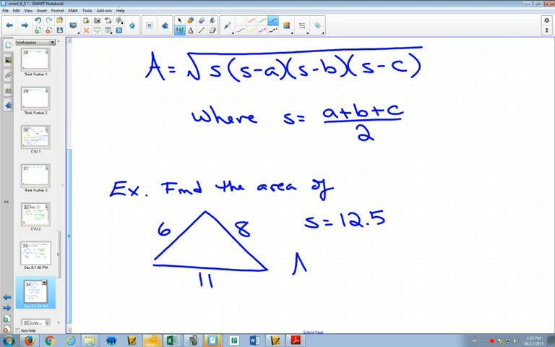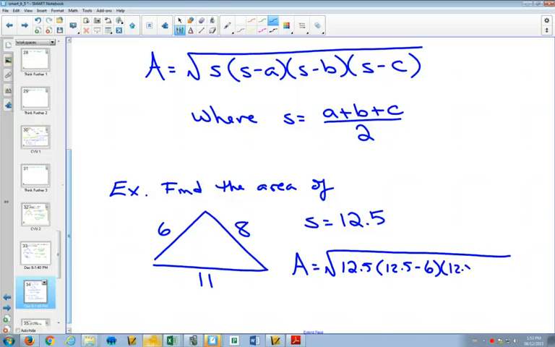So our area is the square root of 12.5 times (12.5 minus 6), (12.5 minus 8), and (12.5 minus 11). Type this all into your calculator all at once.